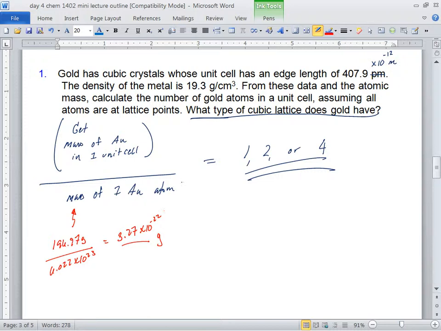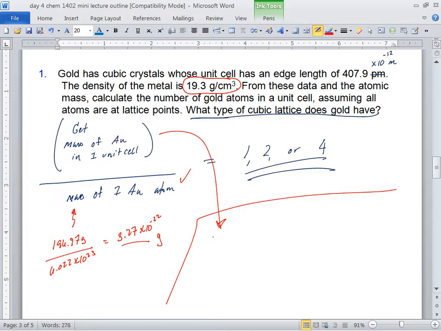Bottom part's done. Let's get the top part. Mass of gold in 1 unit cell. Okay. They said it has a density. That's what you got to use. Because 19.3 grams, that's grams of what?